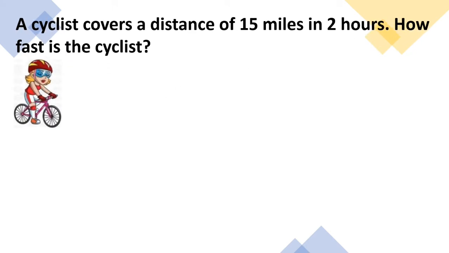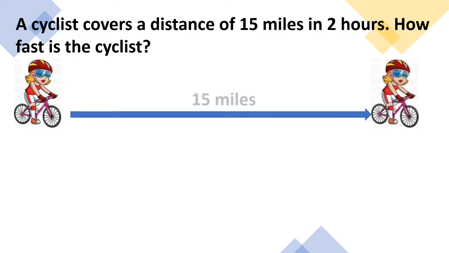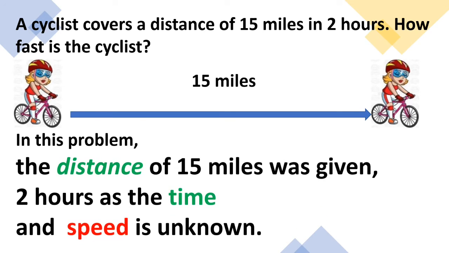So a cyclist covers a distance of 15 miles in 2 hours. How fast is the cyclist? In this problem, the distance of 15 miles was given, 2 hours as the time, and speed is unknown. Again, we are looking for the speed.